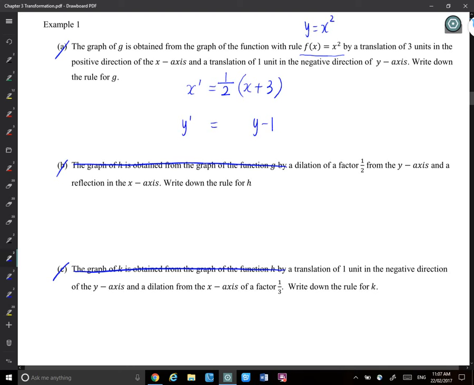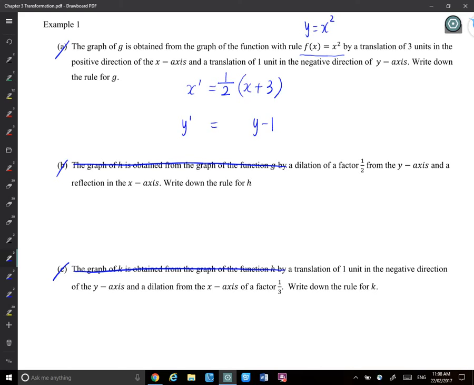You can't directly times a half in the front because you apply the translation of 3 units to the right first, and then followed by the dilation. Your order of transformation will be exactly the same as the calculation order. Bracket first, times, divide, and then plus minus.